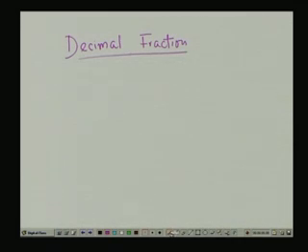Now, if I take a fraction, say I am taking some decimal fraction, 0.75, and again I want the binary value.